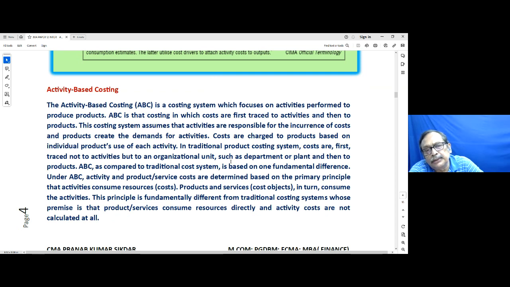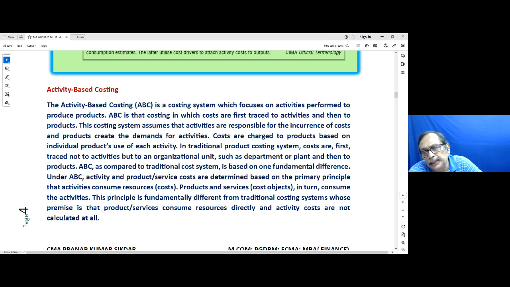Activity-based costing, in short ABC, is a costing system which focuses on activities performed to produce products. So mind this language. Activity-based costing is a costing system which focuses on activities performed to produce products. That was not actually being done in traditional costing.